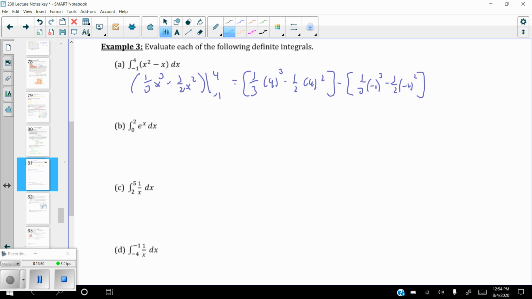All right, so let's see what we get here. 4 cubed is 64, so that's going to be 64 thirds. 4 squared is 16, but 16 times 1/2 there is going to be 8, so minus 8. Minus, let's see, 1/3 times -1 cubed is -1/3.